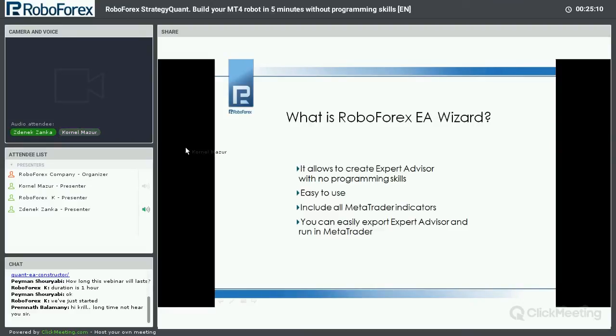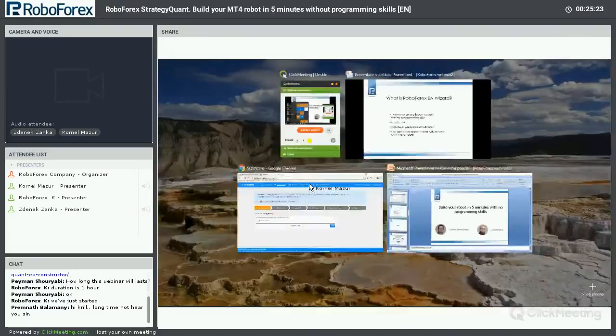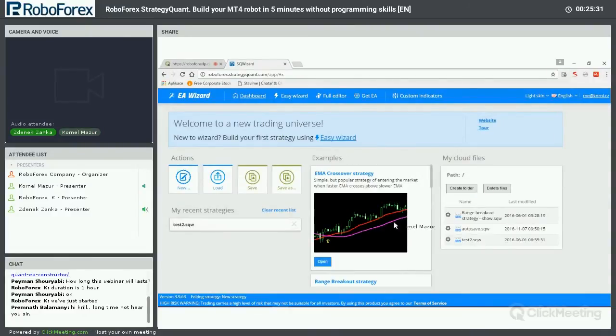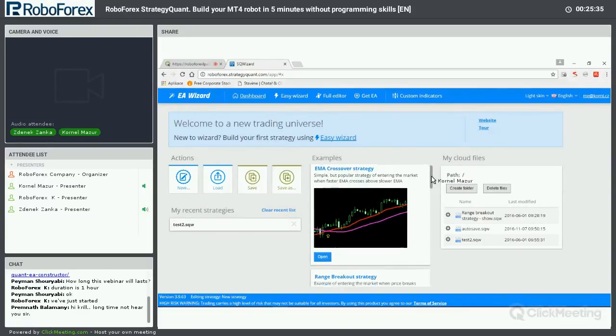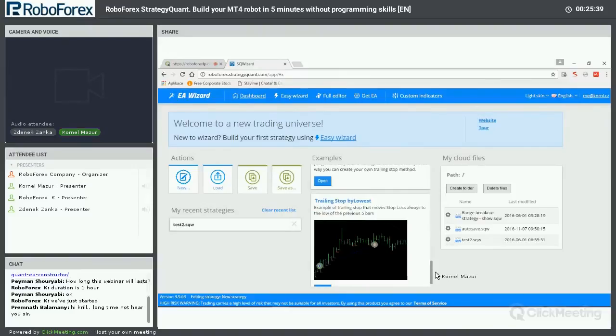So now, to not speak too much theory, we can go to this program. I will start it, and we can shortly see how it looks. The first screen is of course the dashboard, and you can see that to make it easier, we prepared some examples for you.